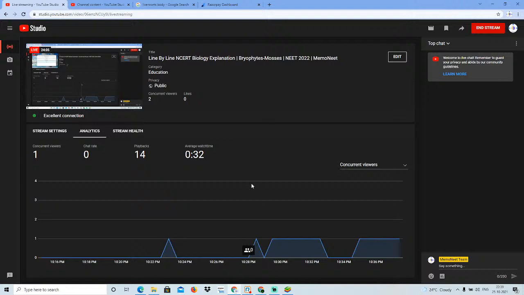These mistake questions will come again in our 7-level revision in the MemoNeet app, so that time we will get them right. Just see how the MemoNeet app has all the questions line by line. It literally covers the whole of bryophytes, especially the key points. When you solve more MCQs from the same topic, that will actually help you retain everything.